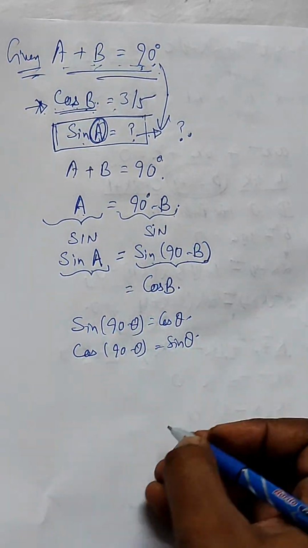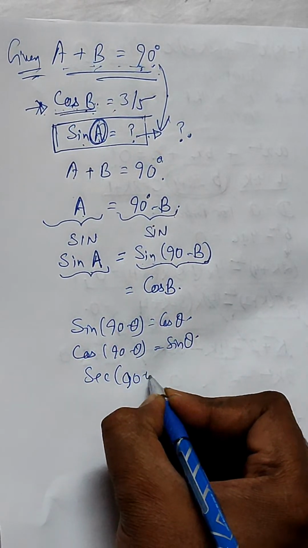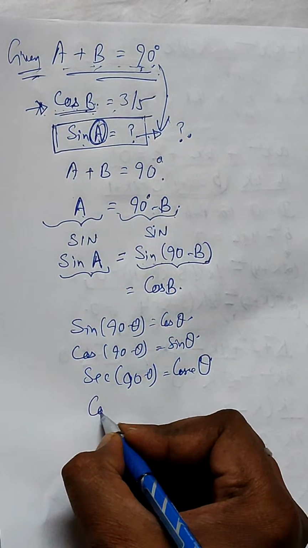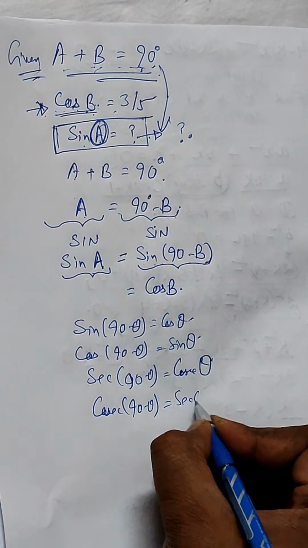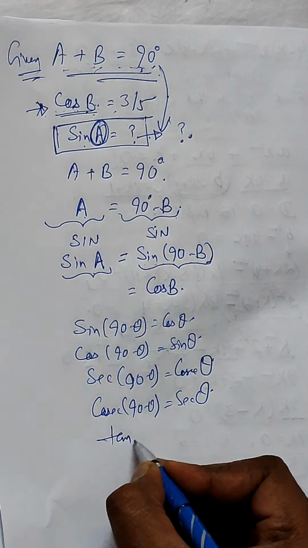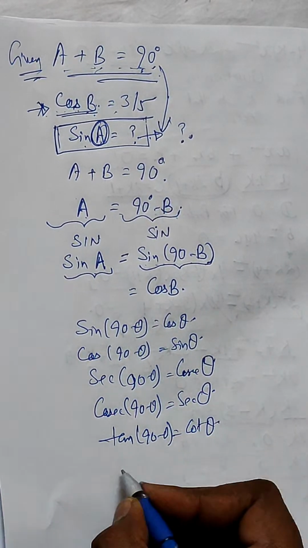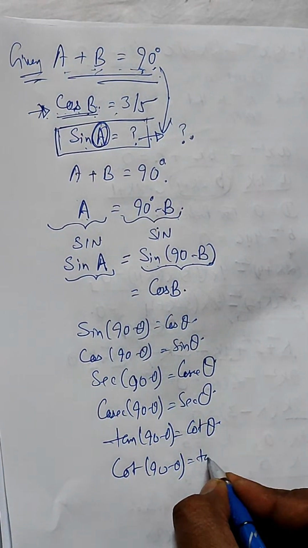We know these relations. Also, sec 90 minus theta is cosec theta, or cosec 90 minus theta is sec theta, right? Also, tan 90 minus theta is cot theta, or cot 90 minus theta is tan theta.